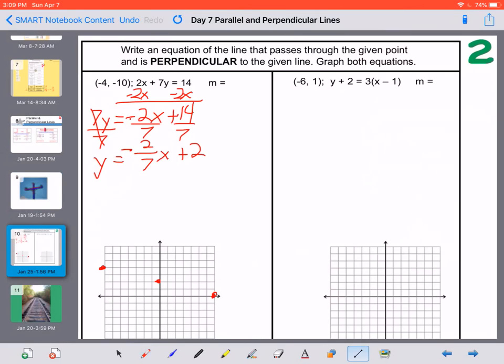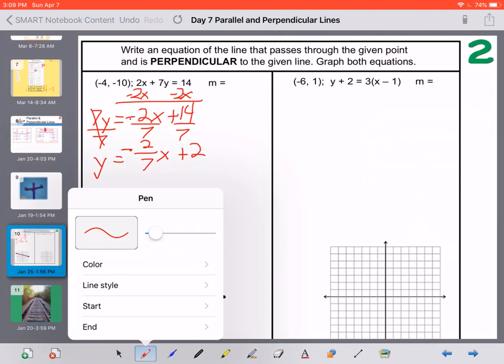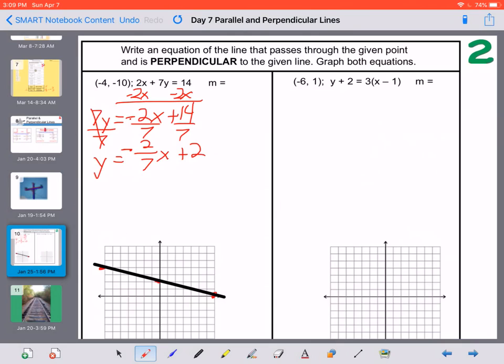So we get a line going like that. Now, the perpendicular slope is going to be the opposite reciprocal. So the opposite reciprocal of this line will be a positive 7/2.